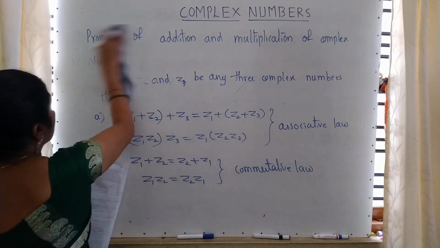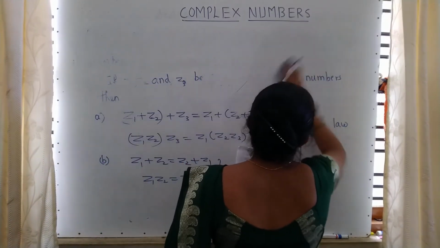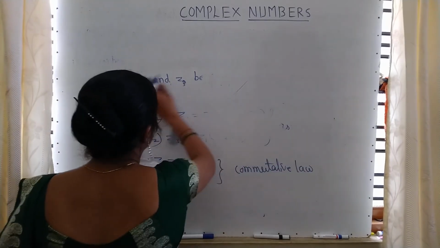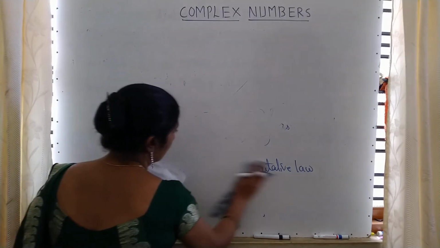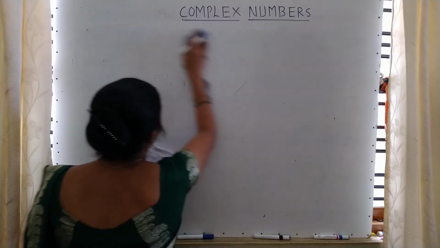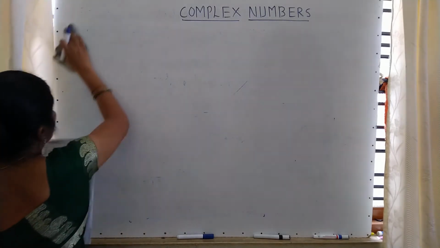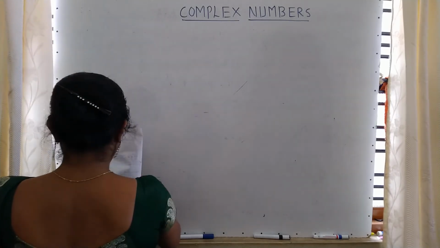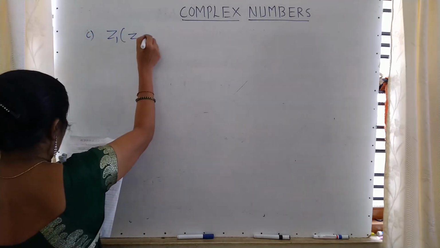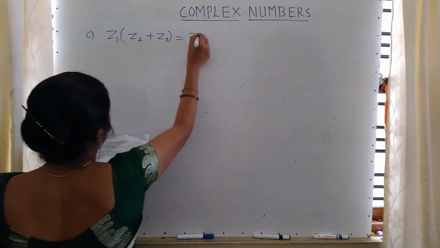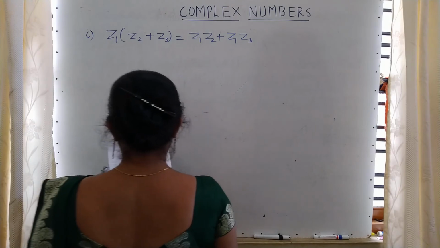Third one. z1 into the bracket z2 plus z3 is equal to z1 into z2 plus z1 into z3. It is the distributive law.